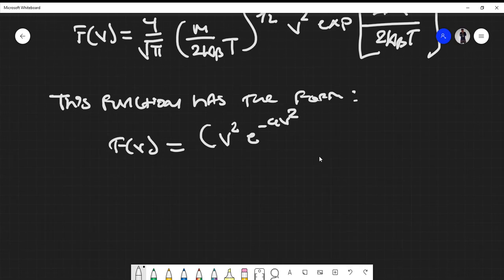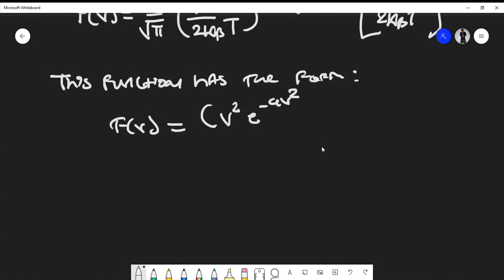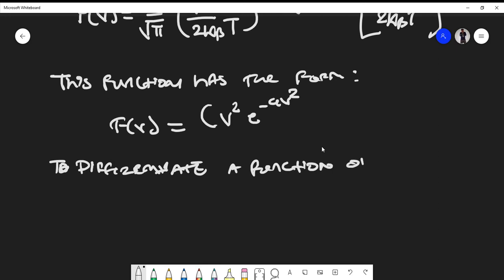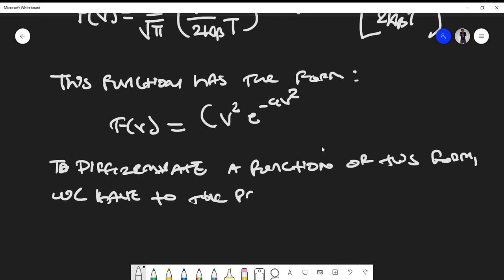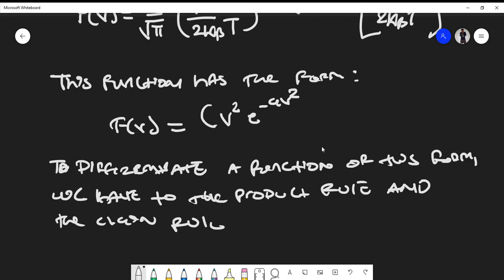To differentiate this form, we use the product rule and the chain rule, from your calculus class.